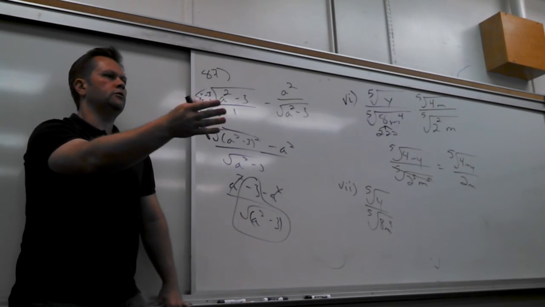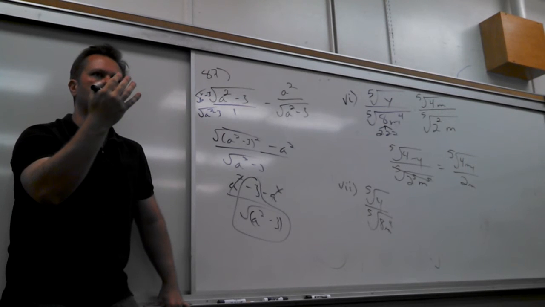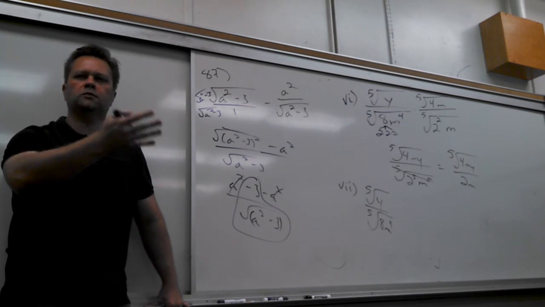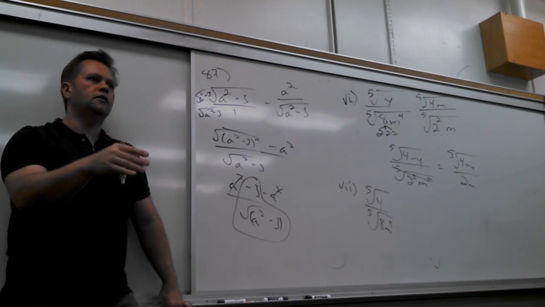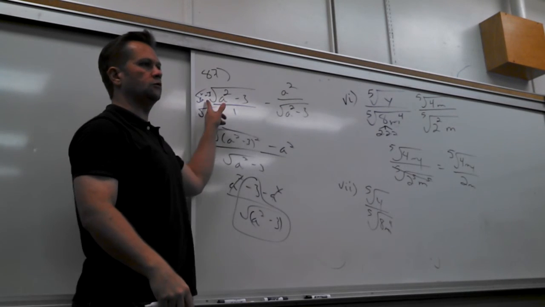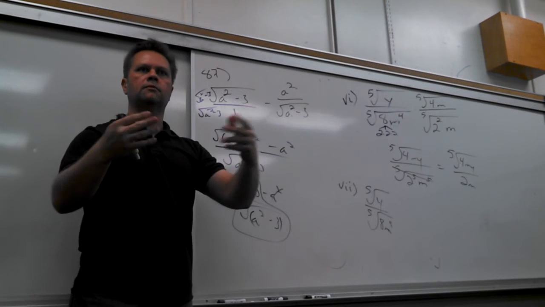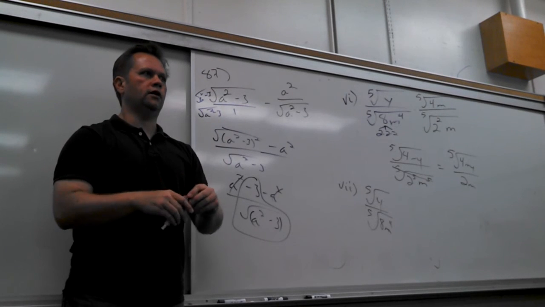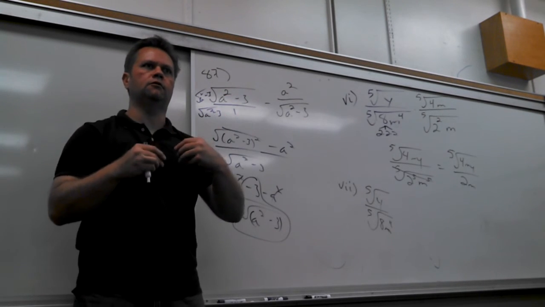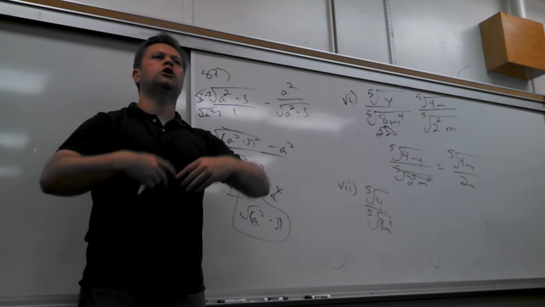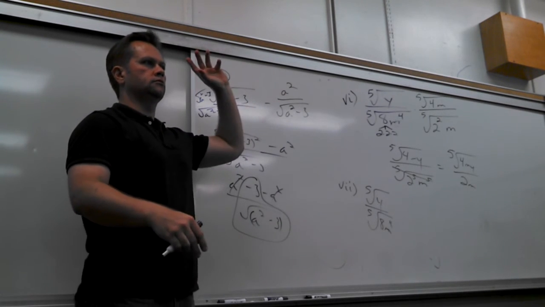A lot of the trouble students have with math is you think a problem looks different, so there must be a different way to do it. No. This is basically subtracting fractions. I don't have an LCD, so I have to make an LCD. It becomes easier when you worry about what form it's in and what it's really asking you to do. How do I do that? LCD.